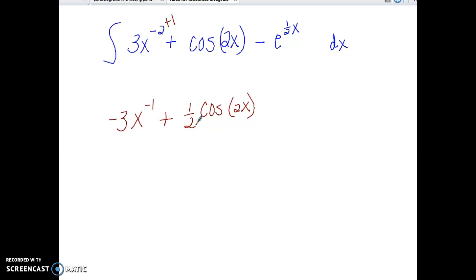The k in this case is represented with the 1/2. I need to divide by that 1/2. Dividing by 1/2 is the same as multiplying by 2/1. And last, I need my plus c. And that's how you use those special cases.